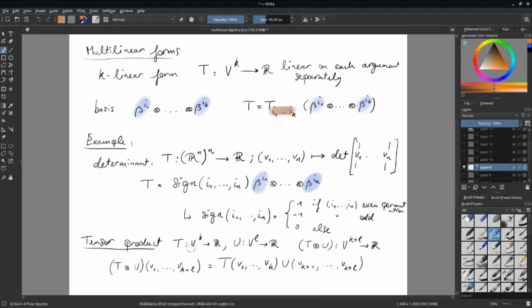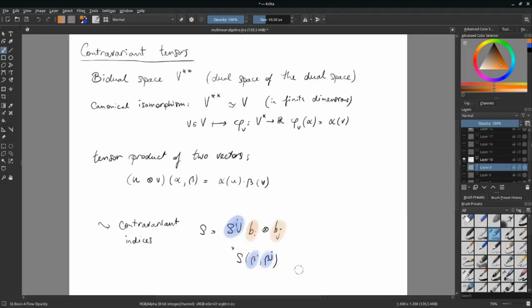So if I have a k-form T and an L-form U, I can take the tensor product, which would be a k plus L form, so taking k plus L vectors. It's very simply defined, as you would expect: taking k plus L vectors and applying T to the first k arguments, and taking the product of that with U applied to the last L arguments. Okay, so far so good.